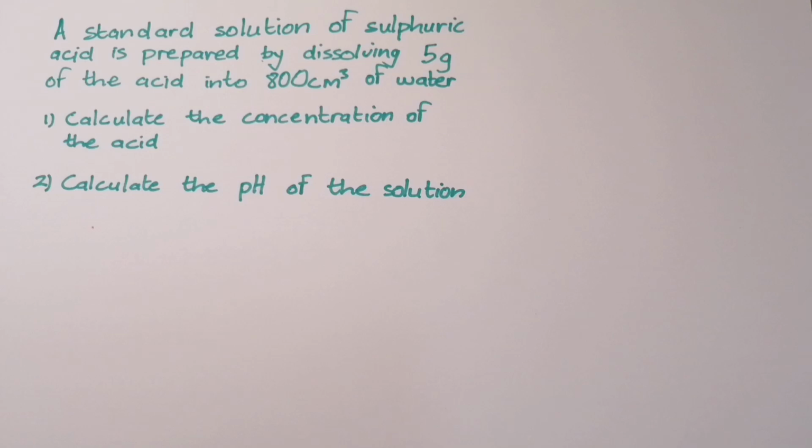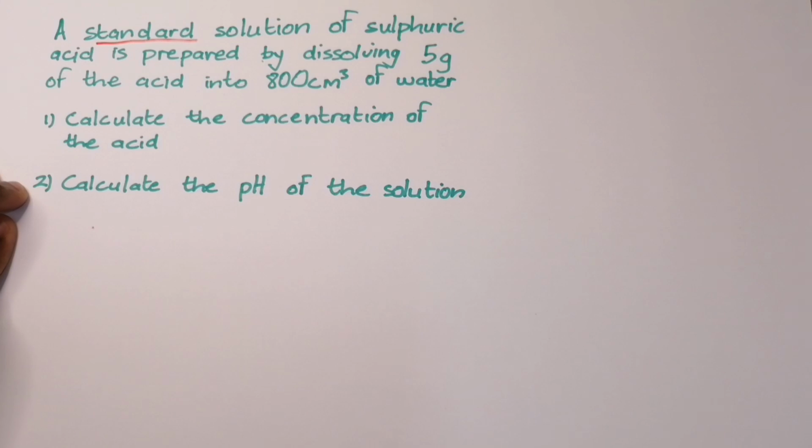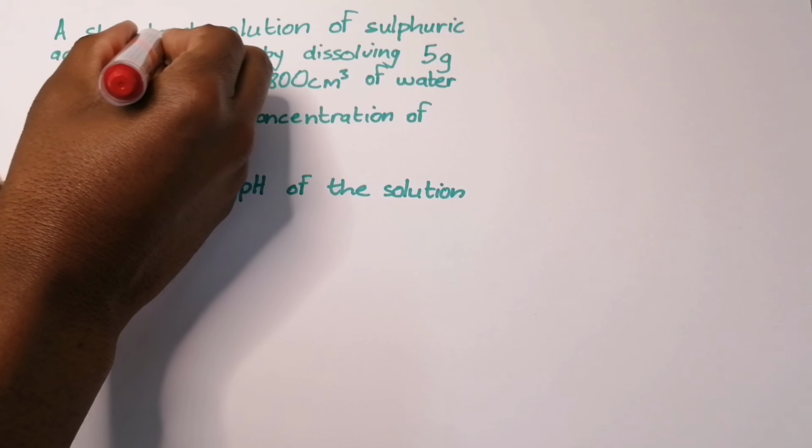So now they give us a standard solution, or rather they say a standard solution of sulfuric acid is prepared by dissolving 5 grams of the acid into 800 cubic centimeters of water. Now, I want you to please note, what is a standard solution? A standard solution is a solution with a known concentration.